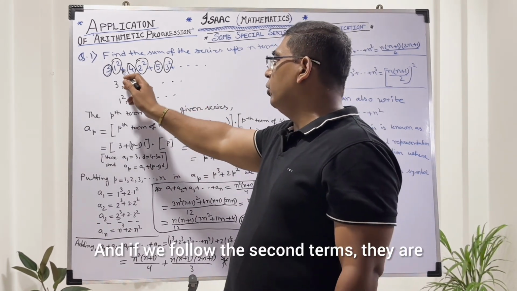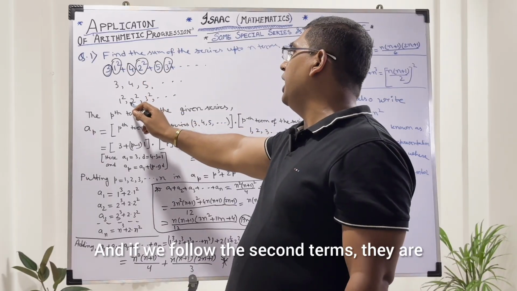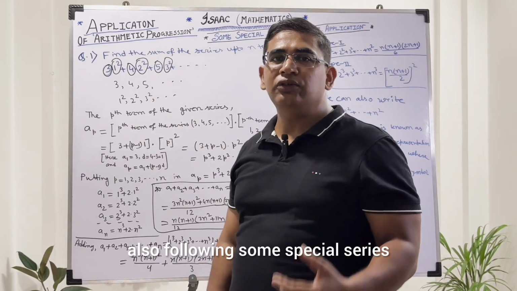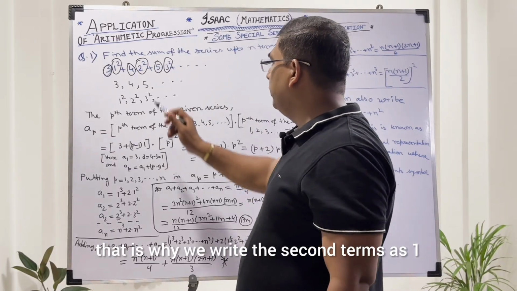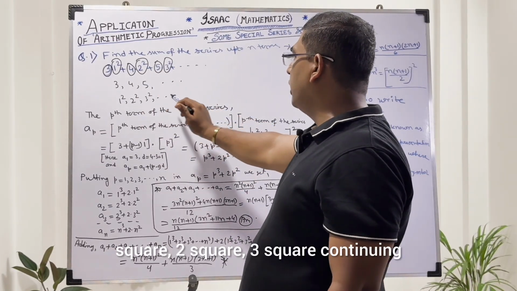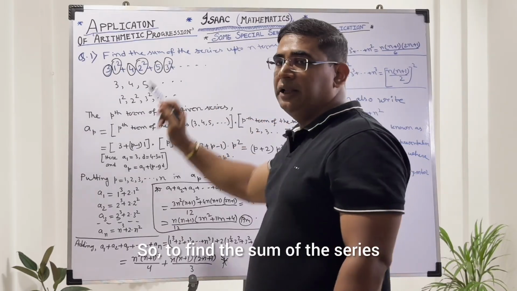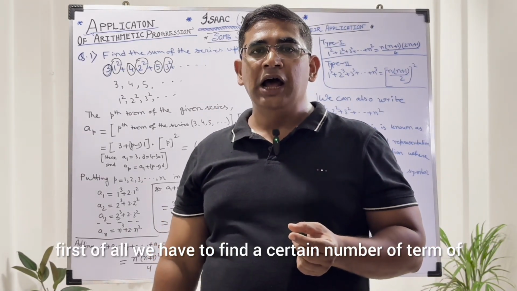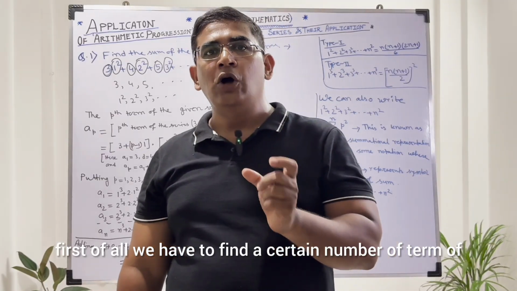And if we follow the second terms, they are also following some special series. That is why we write these second terms as 1 square, 2 square, 3 square continuing. So to find the sum of this series, first of all, we have to find a certain term of that series.